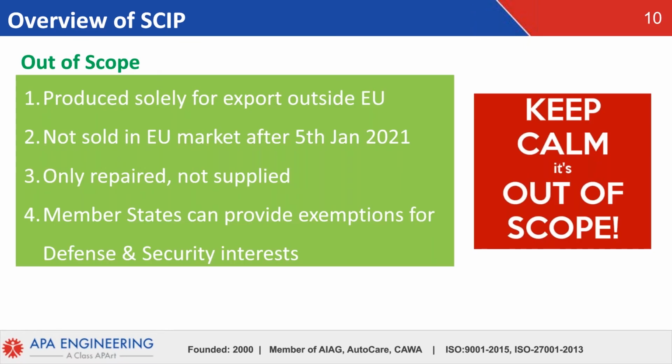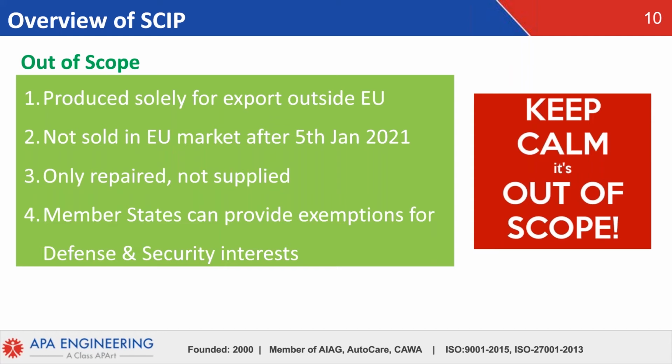For items that are out of scope, though, if the items are sold and produced solely for use outside the European Union, you do not necessarily need to worry about registering in the SCIP database. If the item after January 5th, 2021 was no longer sold in the EU marketplace, you do not have to be concerned about registering in SCIP.